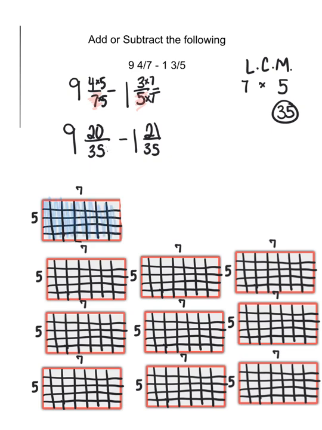So here we have 1 whole, 2 wholes, 3 wholes, 4 wholes, 5 wholes, 6 wholes, 7, 8, 9, and then I need to shade in 20 out of 35 to represent this portion here.